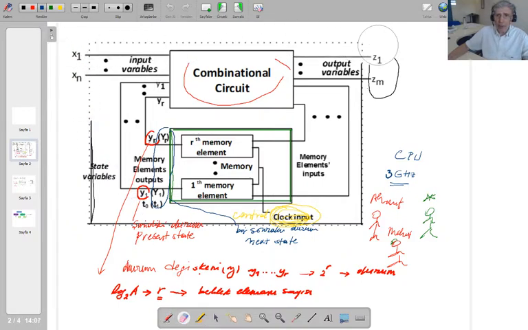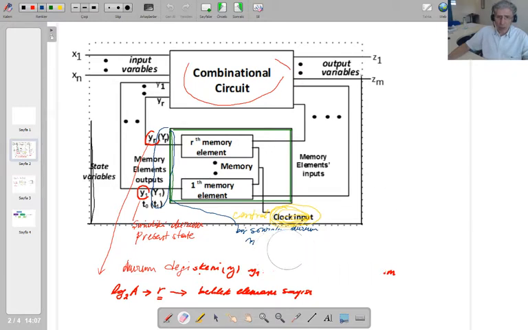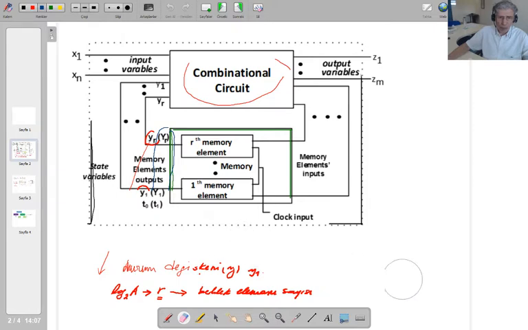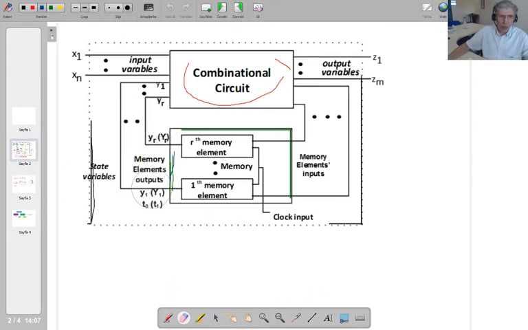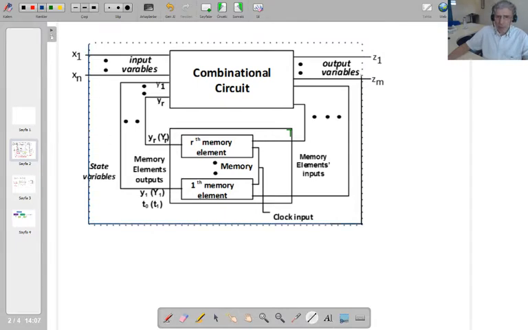So we've got here a box. This box is considered as a sequential circuit. Here you are. This is a sequential circuit for you.